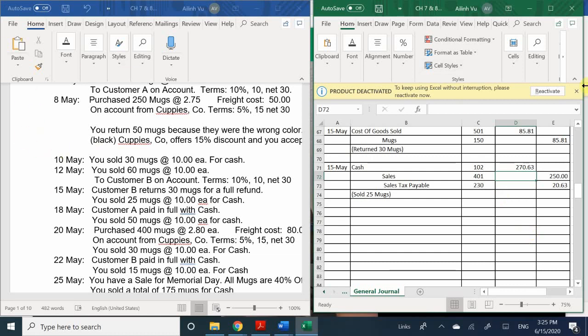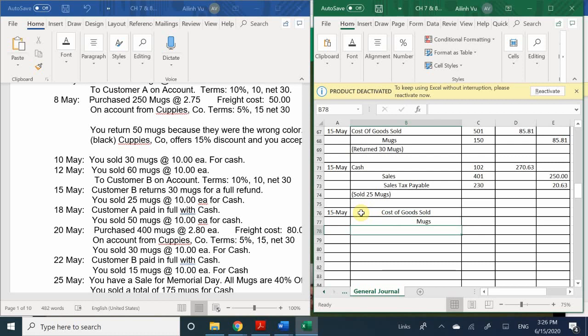All right, and then lastly, what do we have to do? Adjust our inventory. Yes, we need to adjust our inventory, so 15th of May. So I cost of goods sold, and I need to take it out of my mugs inventory.